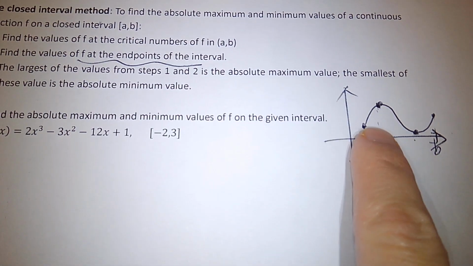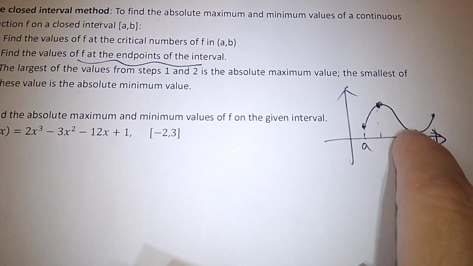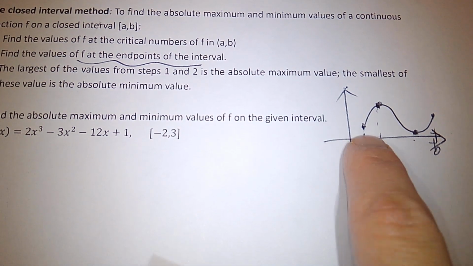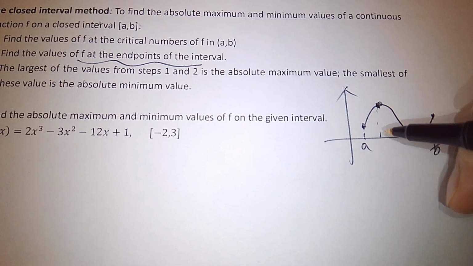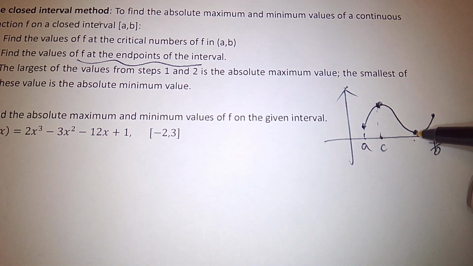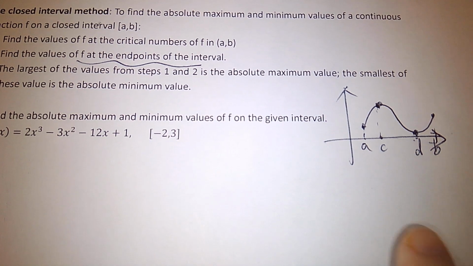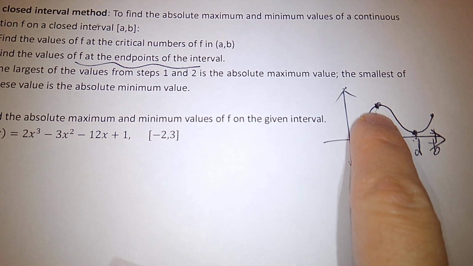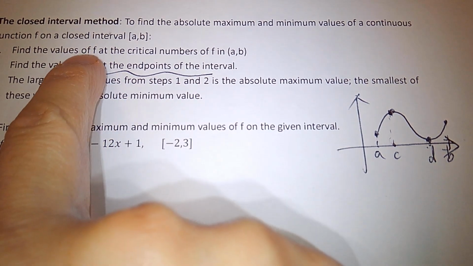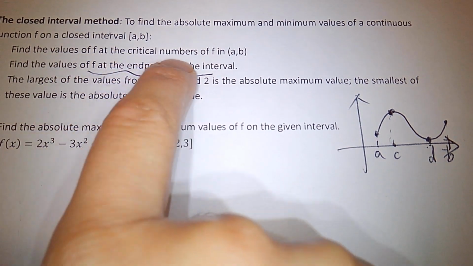Or if the extreme values happen in the middle of the interval, what do we do, guys? Remember local maxima: we find the values of f at the critical numbers.